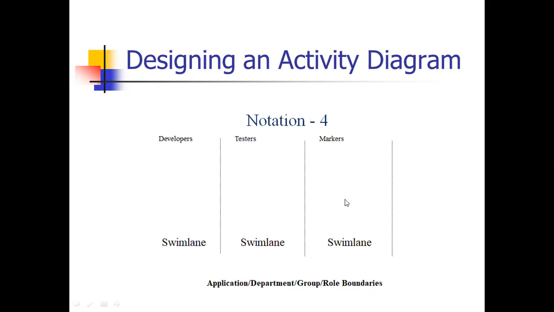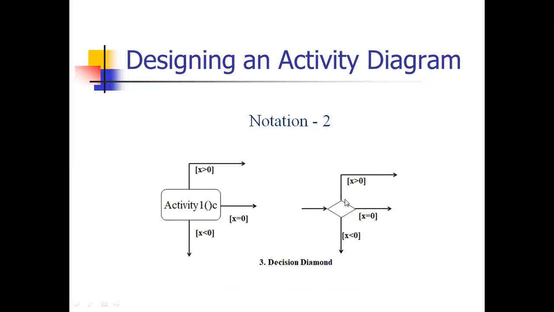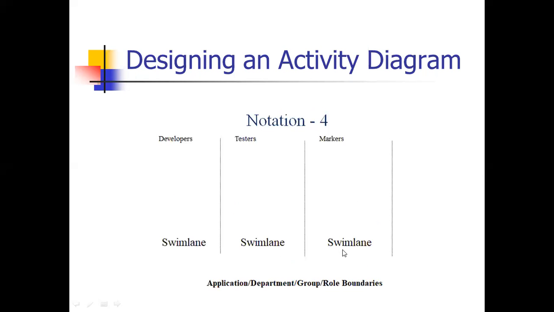Whenever we are going to design, here you can see one conditional box. We have seen that after the condition is satisfied, we are going to merge. This is also a notation for merging. So this is for swim lanes. There may be a question in your exam like: define swim lanes, how to partition the activities in activity diagrams.